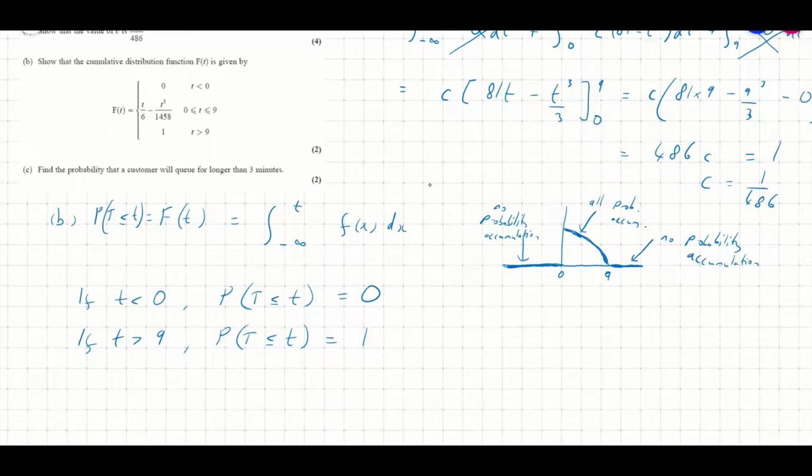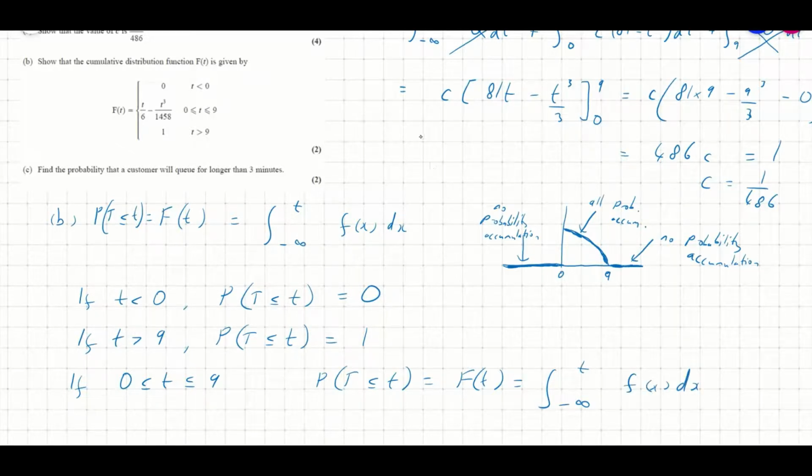So the only other range we have to look at is the range 0 less than or equal to t less than or equal to 9. Well, then P(T less than or equal to t) equals F(t) is just the integral between minus infinity and t of f(x) dx.